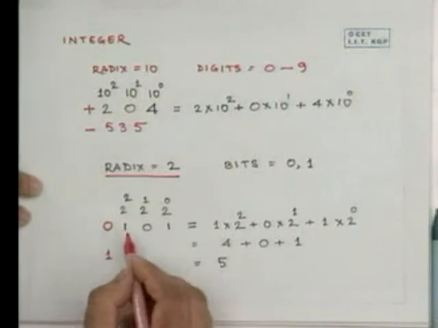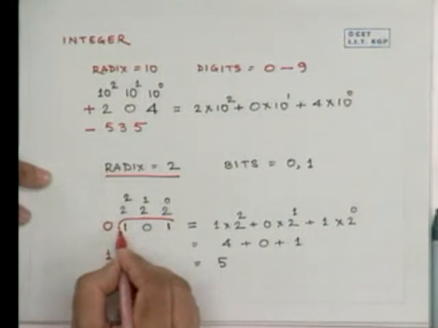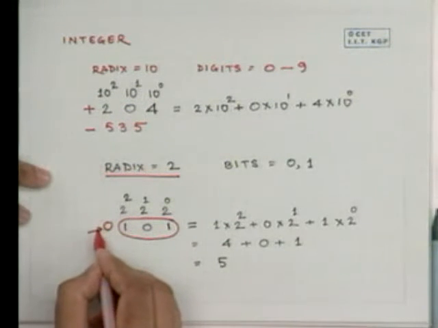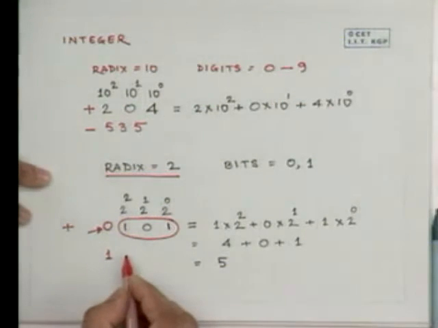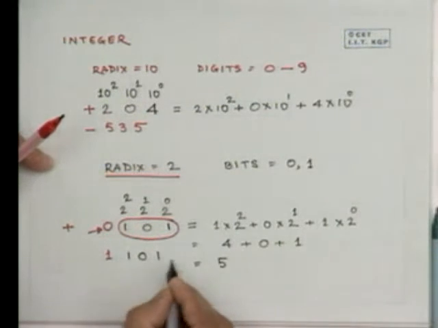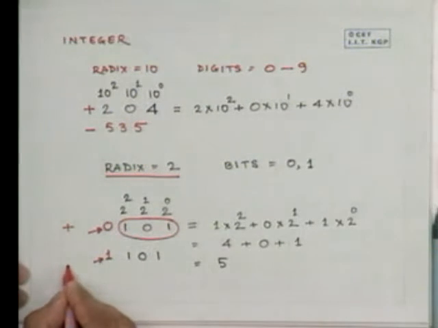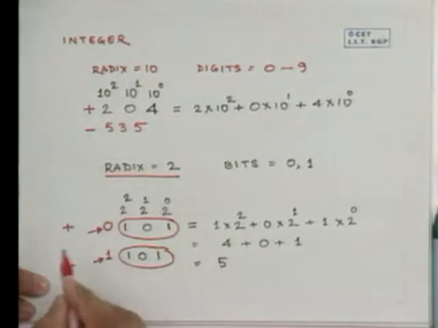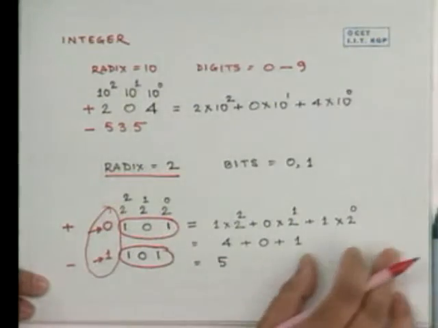That means we have the magnitude of a number, say 101, which is 5, preceded by 0 to say that it is positive, and once more 101, which is 5, preceded by a 1 to represent that this is a negative number. We call it a sign magnitude representation. This is our sign bit and this is the magnitude bits.